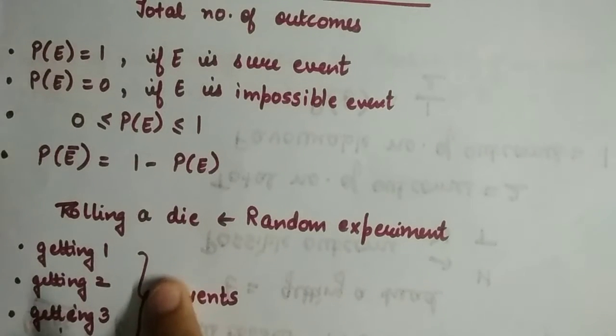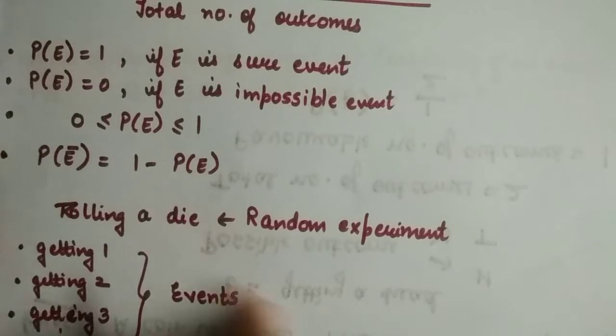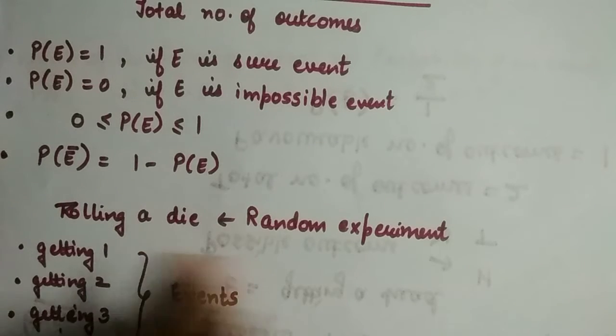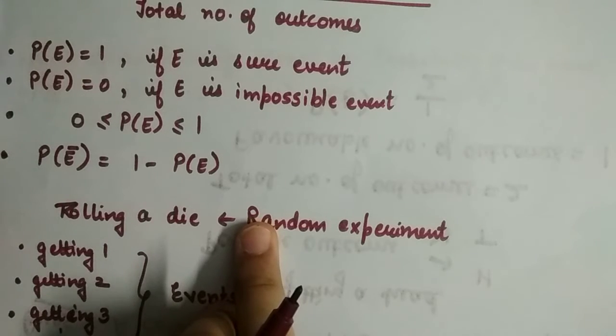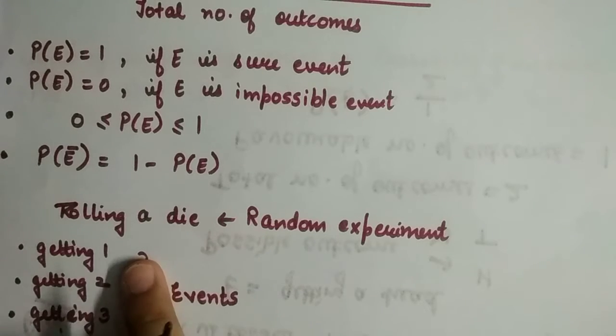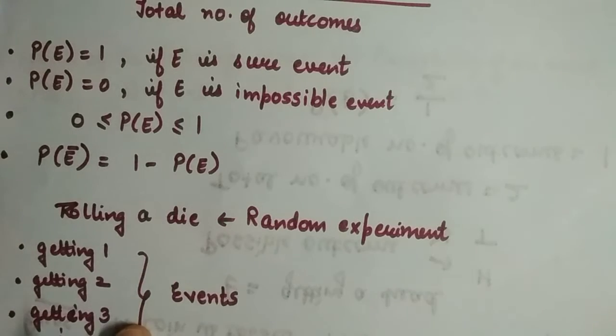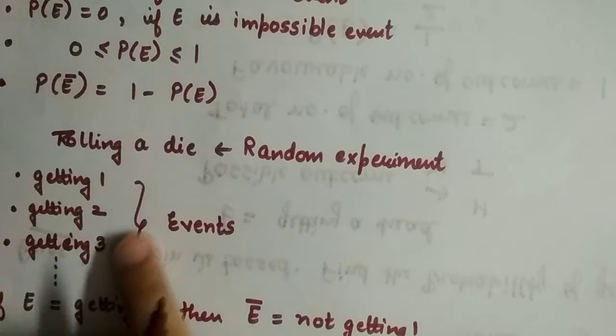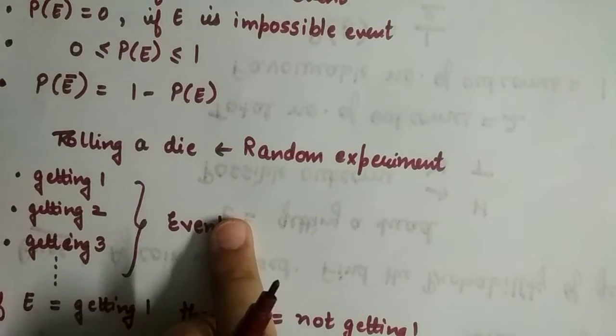Let's talk about random experiment and events. If rolling a die is a random experiment, then getting 1, getting 2, 3, 4, 5, 6, any number is an event.